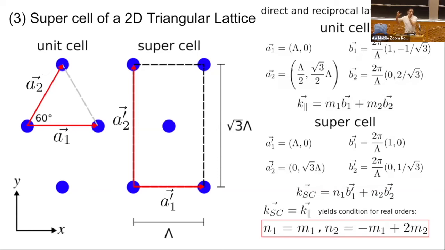To convert those diffraction orders into the orders of the supercell, you need to use this formula, which relates the wave vectors of the supercell to those of the actual unit cell. And these N's are the quantities that you're going to pass to this diffracted plane wave object when you're doing the actual mode decomposition. That's it. That's really the only thing that you need to be on the lookout for.